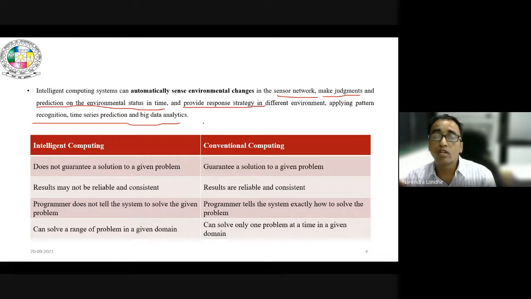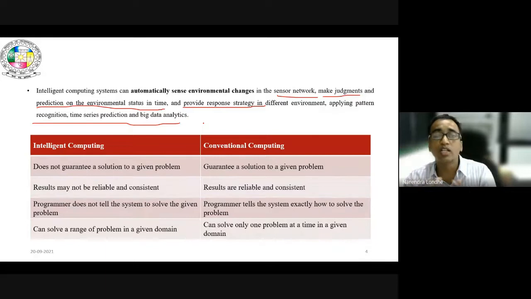Based on the information gathered, it will have some intelligence inbuilt from prior knowledge and past experiences, and based on that, it will take the decision on the inputs: if that vehicle coming from the front is at this distance, or coming with this speed, then you have to apply the brake, and how much pressure you need to apply will be decided by that intelligent system.